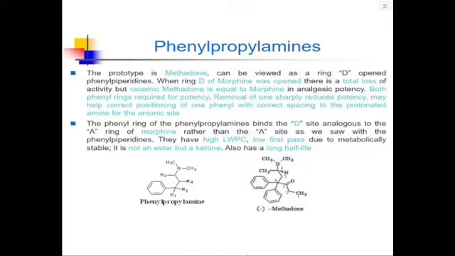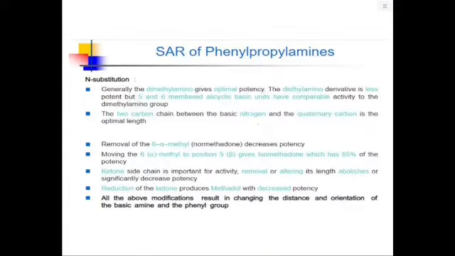You can still see that a quaternary carbon with an ethyl group, or 2 carbon atoms between the quaternary carbon and the nitrogen, is responsible for maximum activity. Again, agreeing with all the other compounds that we have looked at.